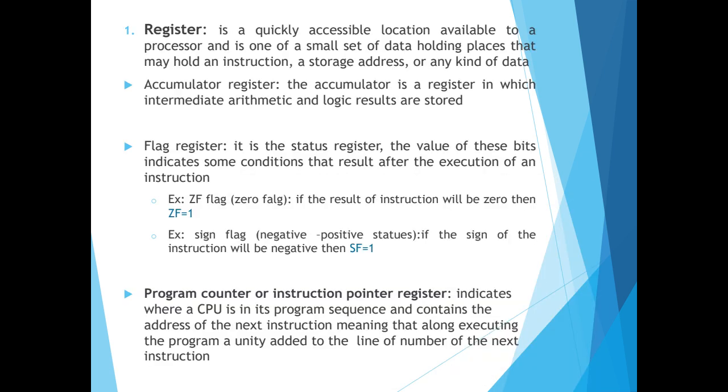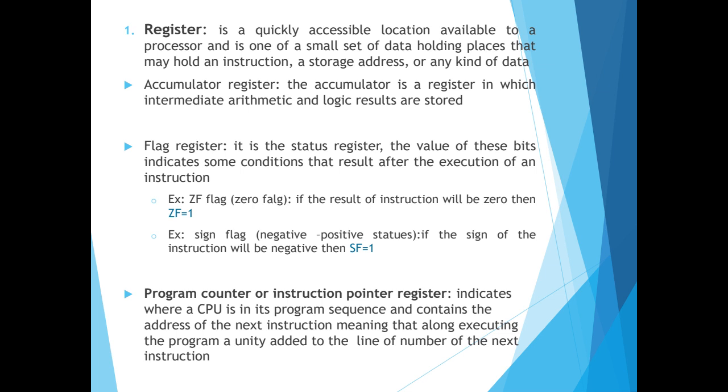But about the register, which is considered a component of the CPU and is placed inside the CPU, it is a quickly accessible location available to a processor and is one of a small set of data holding places that may hold an instruction.